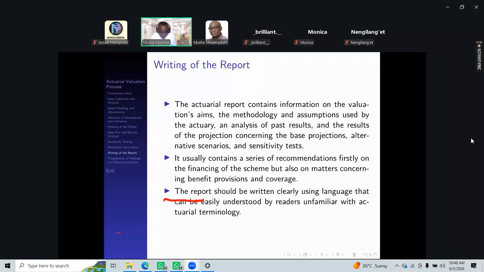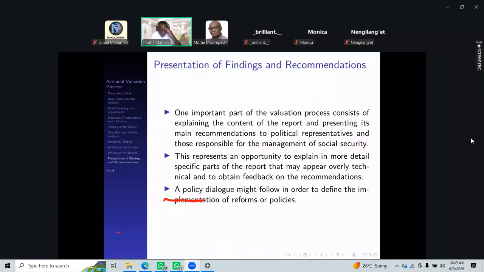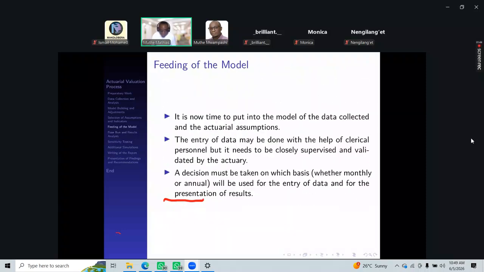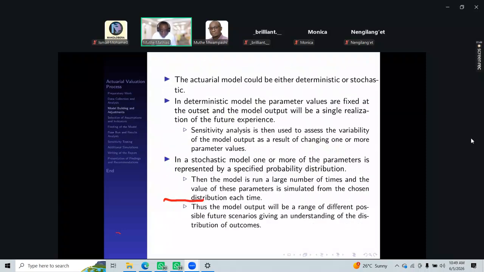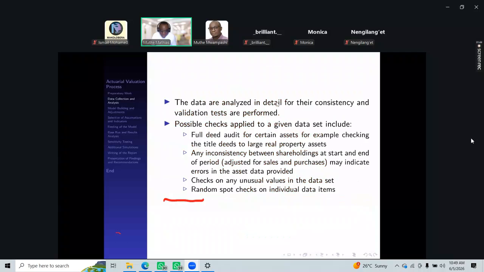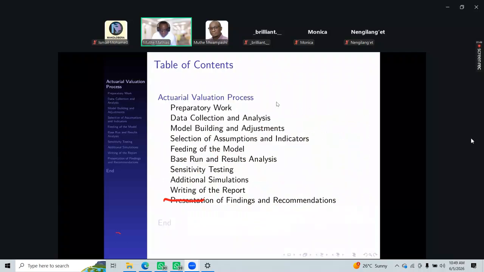If you need to run some simulation, of course, writing the report, and then of course you have to present the findings. So it's just the workflow of how this works, and it covers everything which we have already discussed up to this point. So let me stop here, unless you have any question up to this point, which I'm happy to take.